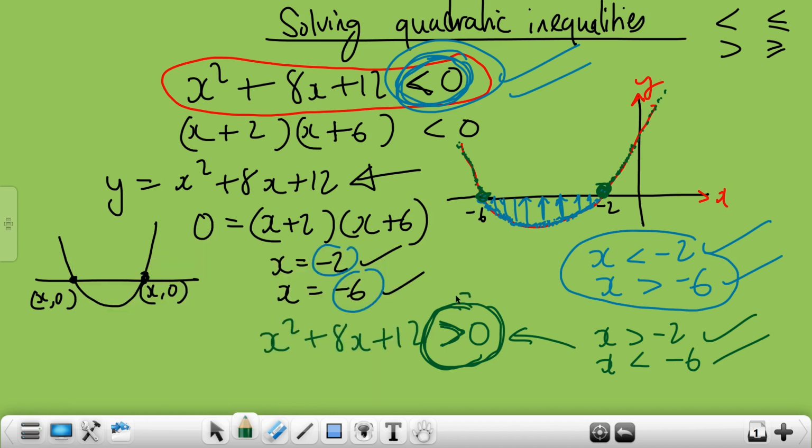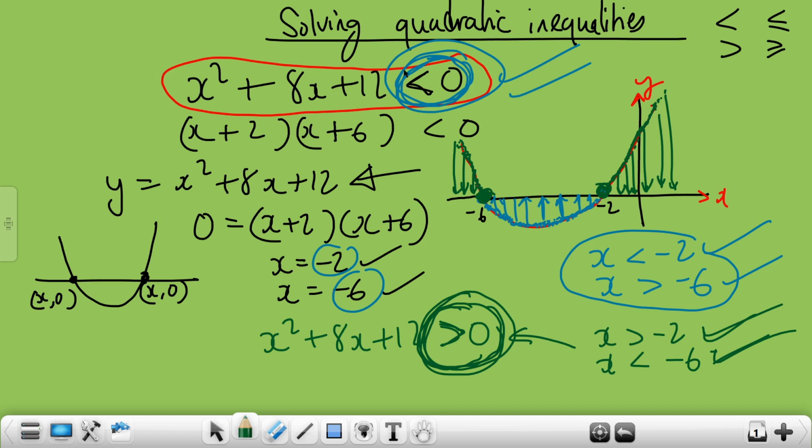And for this scenario over here, all the y values have to be bigger than 0, anything above the x-axis, and its corresponding x values, all of these and many, many more, have got an x value greater than -2, which is what I've got over here, but less than -6 is what I've got over here.